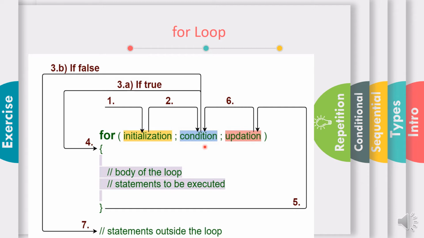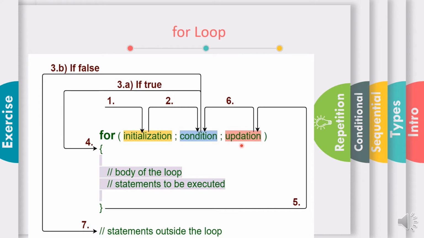Then after mentioning the condition, it will be checked. If the condition is true, the step 3a will be executed, that is, the body of the loop is executed. After execution of the body, it goes towards the updation, or increment or decrement, of the variable.